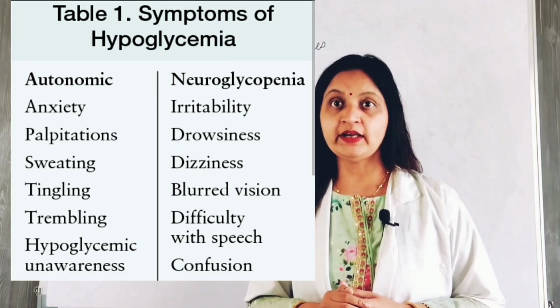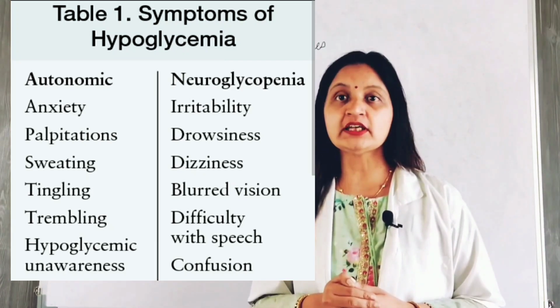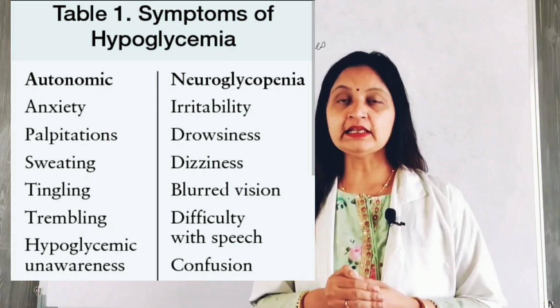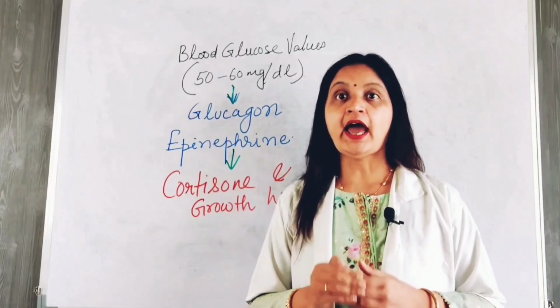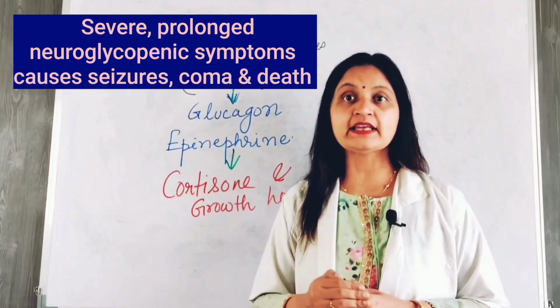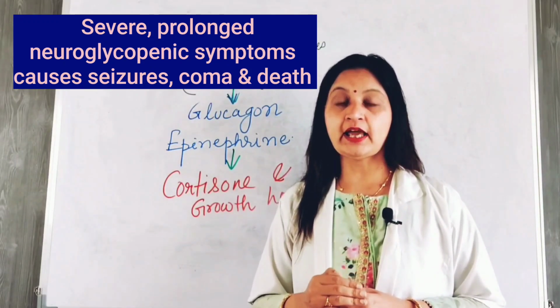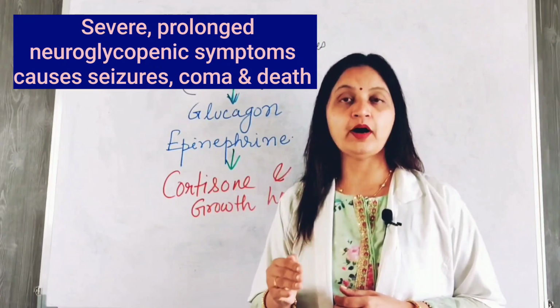The patient presents with difficulty in concentration, impaired judgment, lethargy, irritability, weakness, and agitation. When the symptoms become more severe because of prolonged hypoglycemia, there can be behavioral disturbances, and the patient can present with seizures and coma.